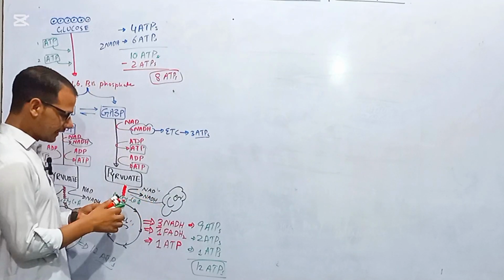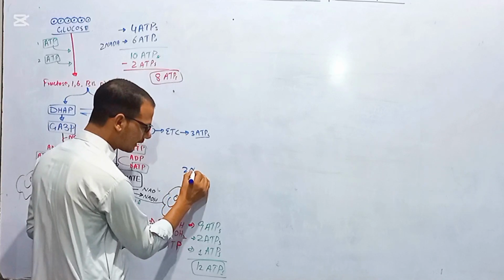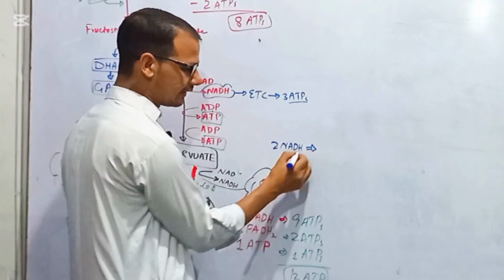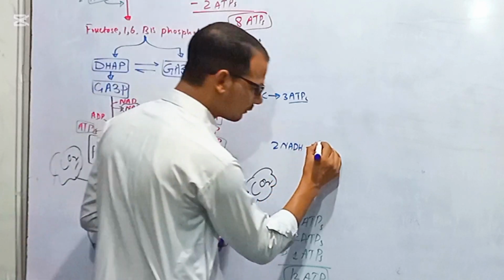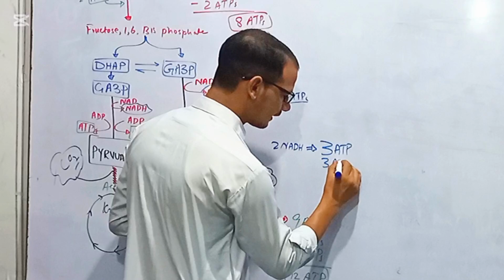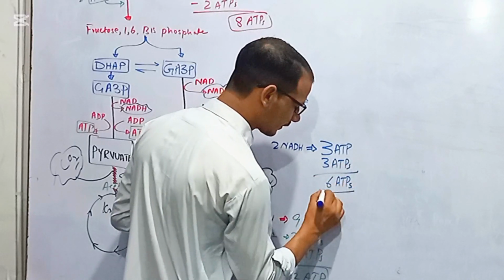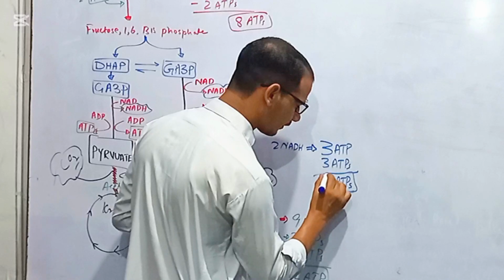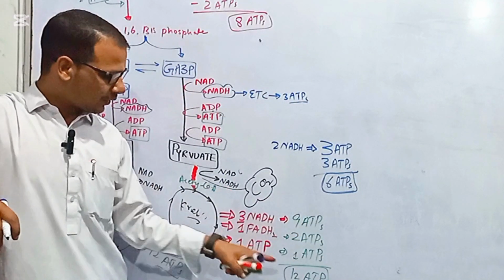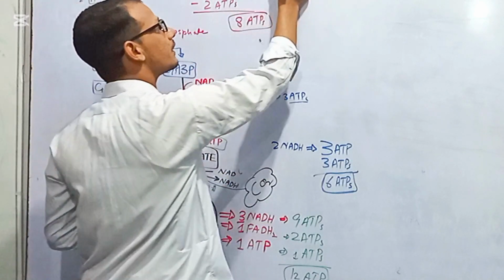Here in link reaction, we have 2 NADH and 1 NADH is equal to 3 ATPs. So 3 ATPs and 3 ATPs will give us 6 ATPs, right? So now 12, 24, 6 and 8.